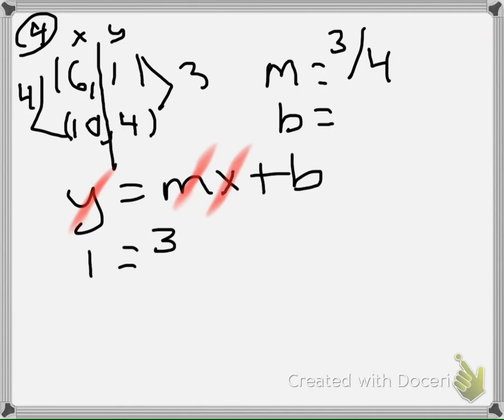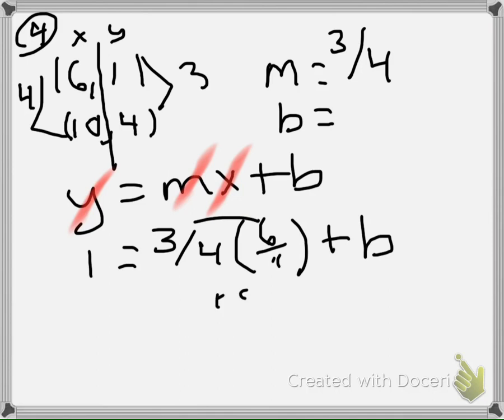M is 3/4. X is 6. And B. This means to multiply. I'm going to put a 1 under here. 3 times 6 is 18. And 4 times 1 is 4.